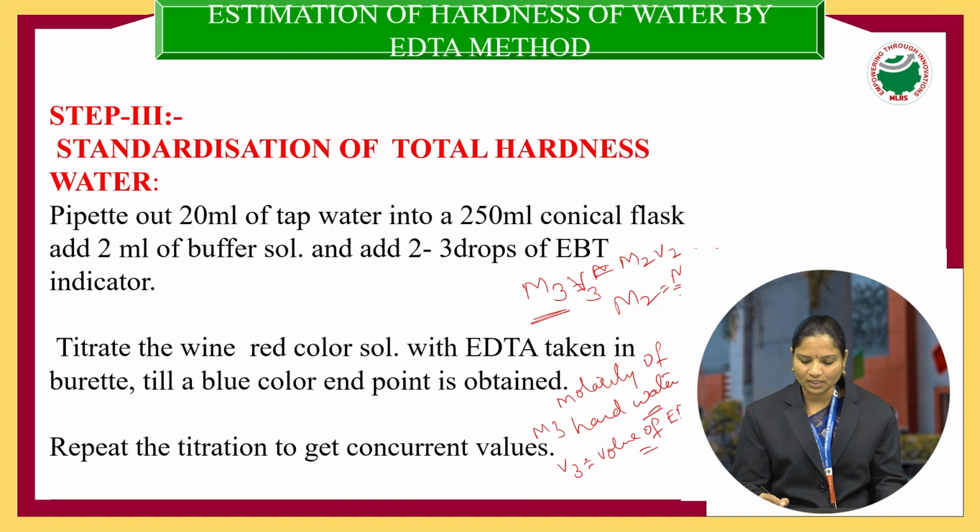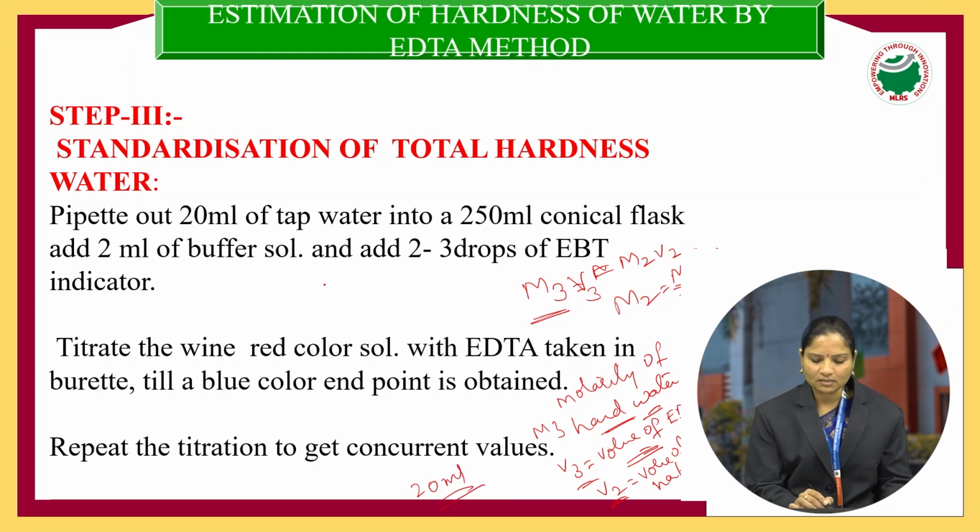So M3 is hard water molarity, V3 is volume of EDTA, and V2 means volume of our hard water or tap water. The volume of hard water or tap water we should take is 20 ml only.